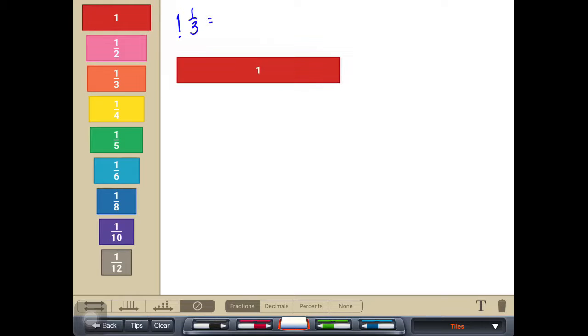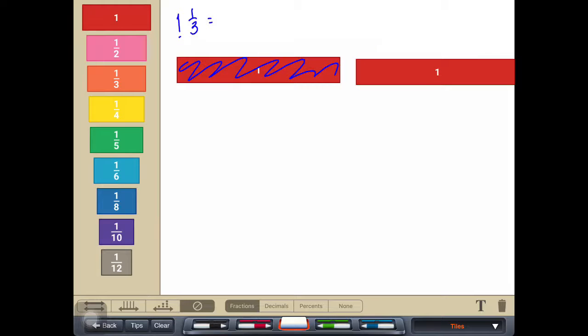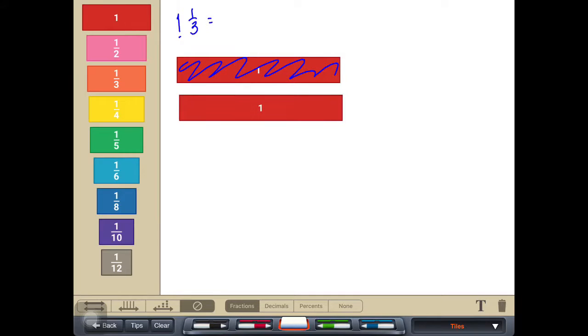So let's show that. That's 1 whole, and then 1/3. To show 1/3, I need to divide the whole into thirds first and shade 1/3 of it. So we now have 1 and 1/3.